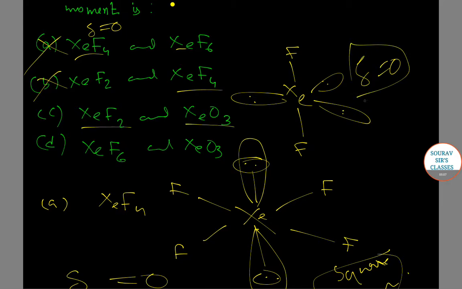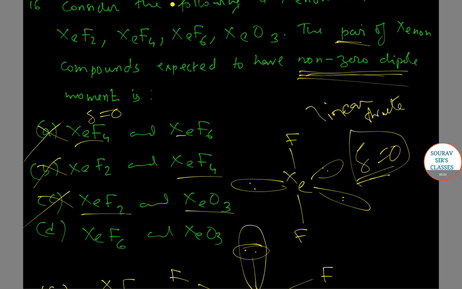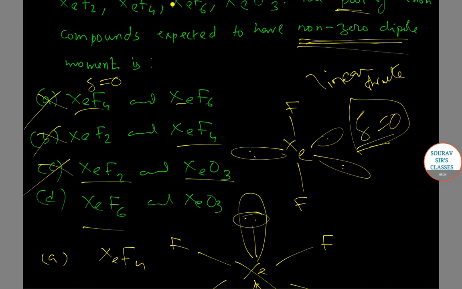For XeF2, this is, by the way, linear structure, and since here the dipole moment is 0, so we can sufficiently say that the option number C is not a correct option. So we have remaining XeF6 and XeO3, which is option number D.